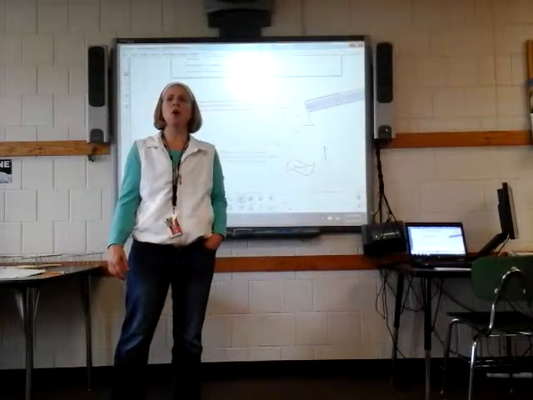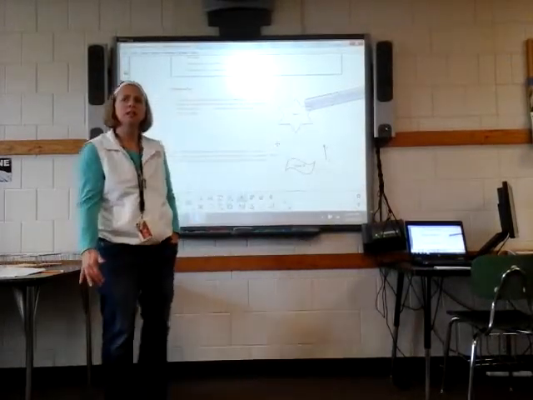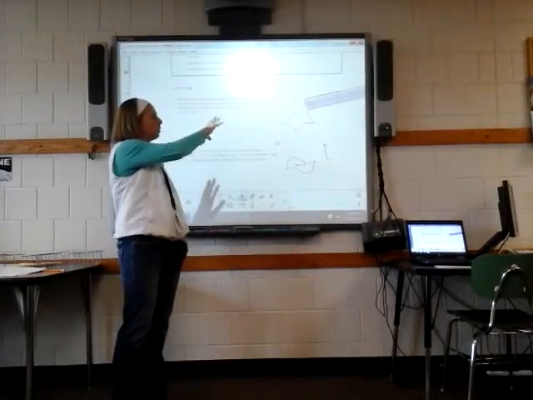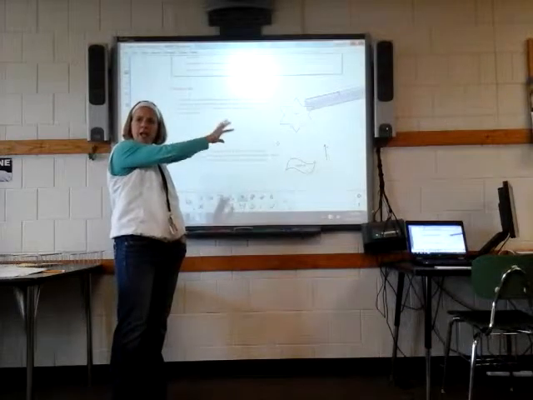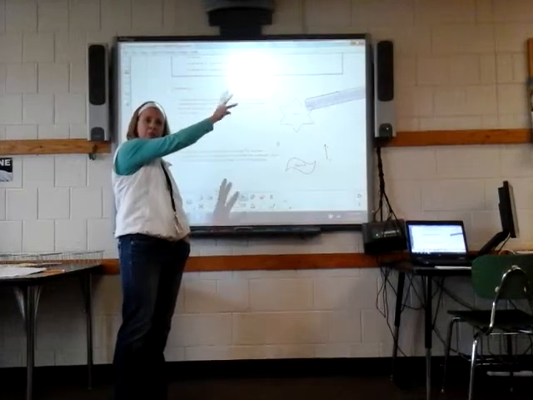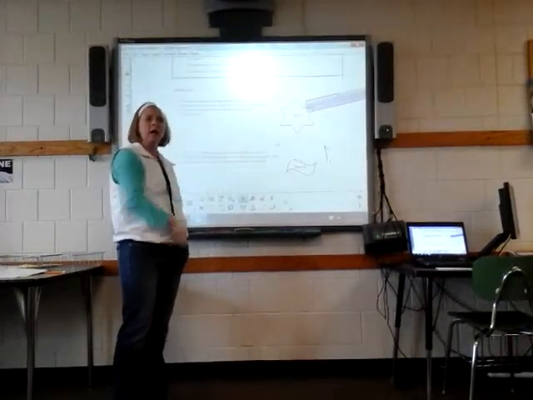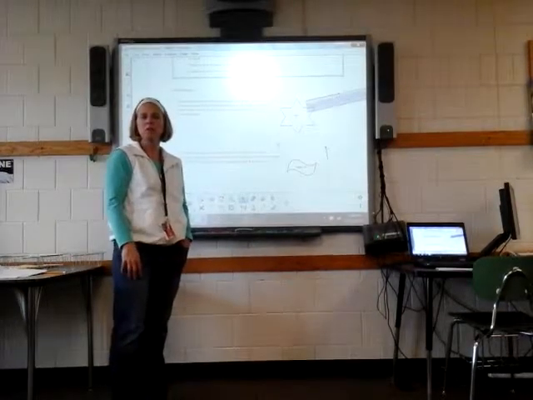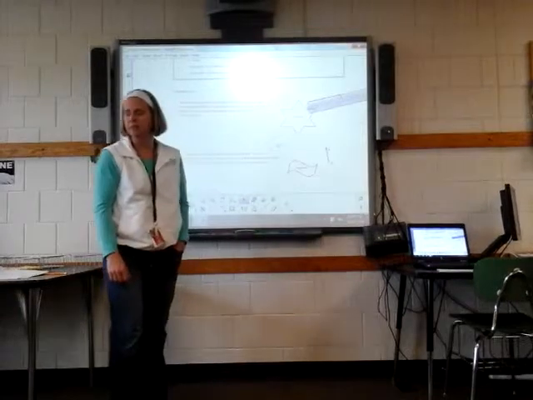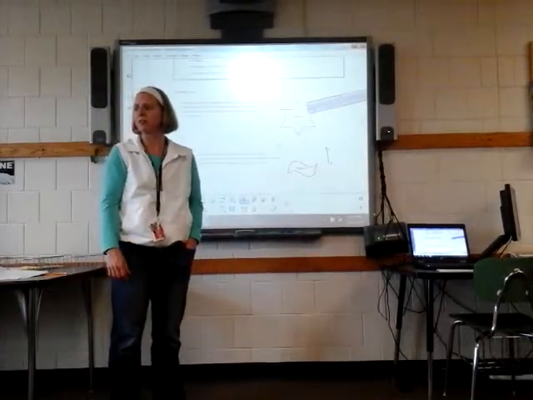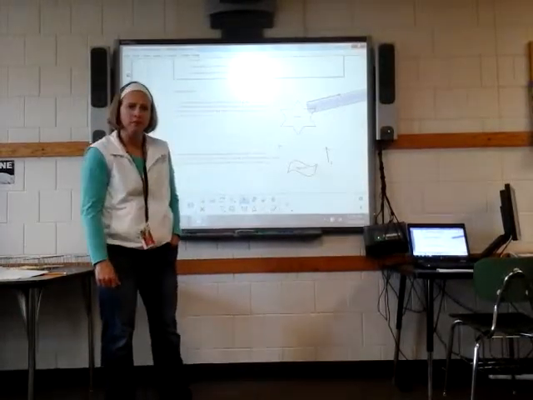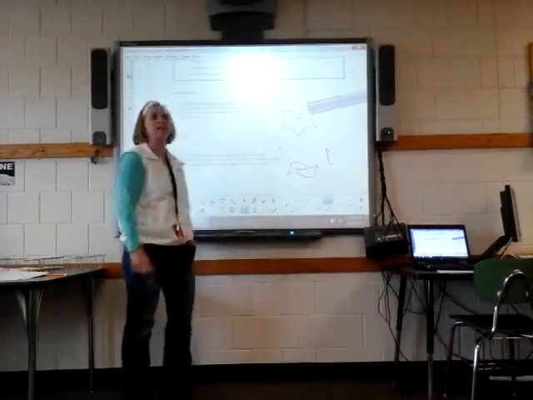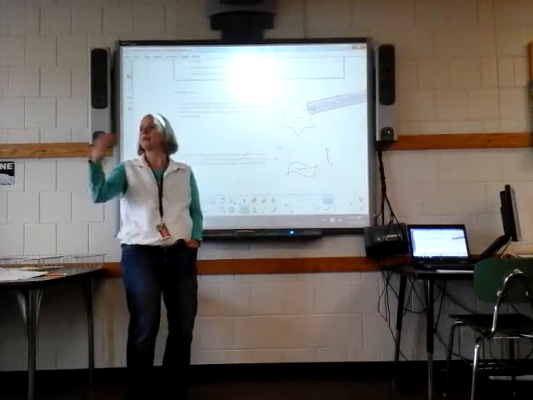Okay, so we know that every point on this figure is going to be 3.5 centimeters from its original point. Now, if you look at this figure, does it have any points on there? I don't see any drawn on there, so what should we do first? Draw a point. Let's put on the points, okay? Should I just draw them anywhere, or is there places that make sense? Where it makes sense?